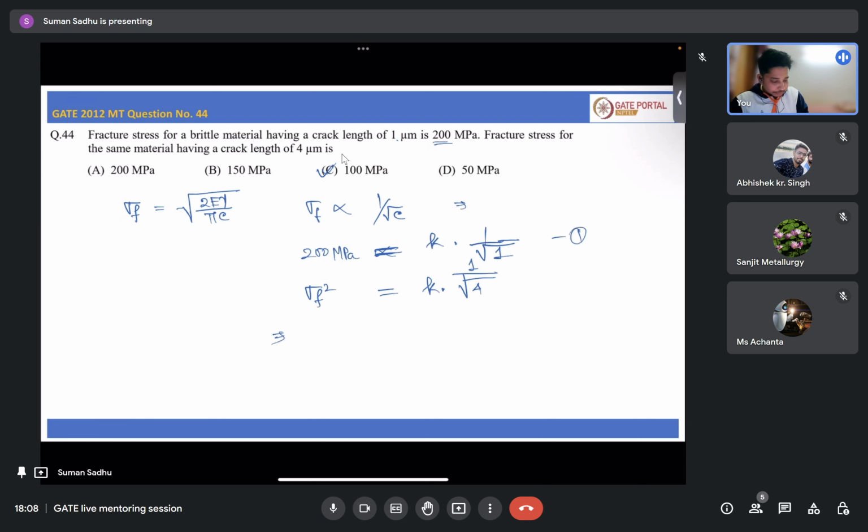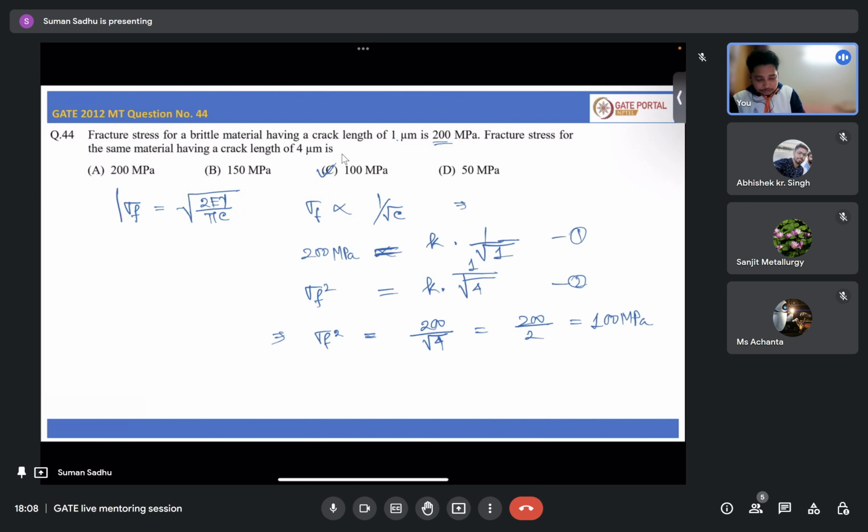So from these two equations, your sigma f2 will be 200 divided by root 4, that is equal to 100 MPa.